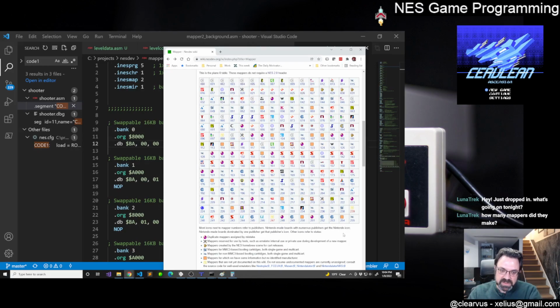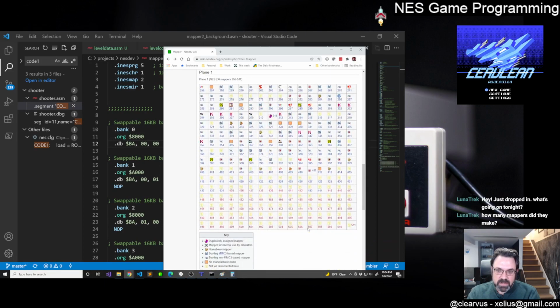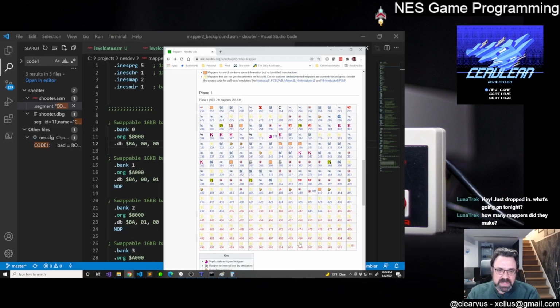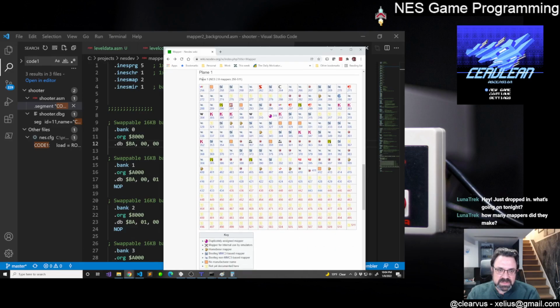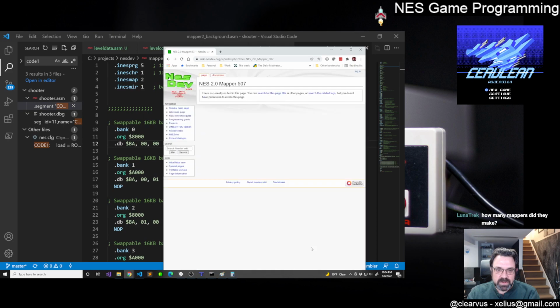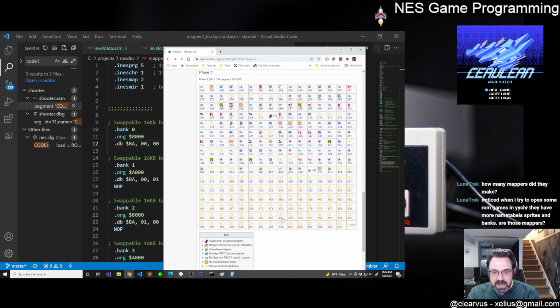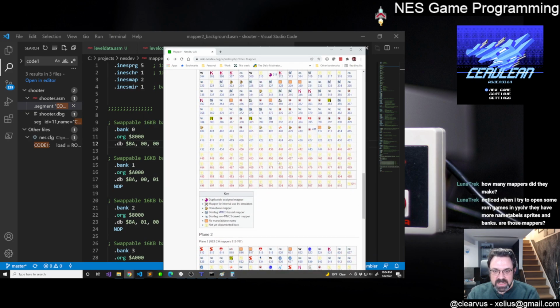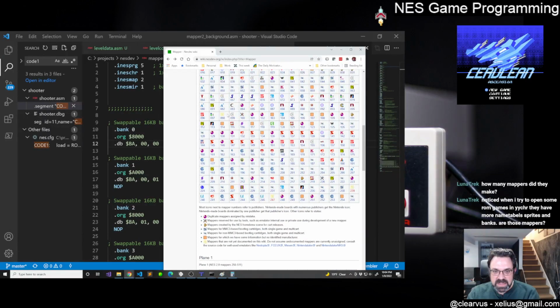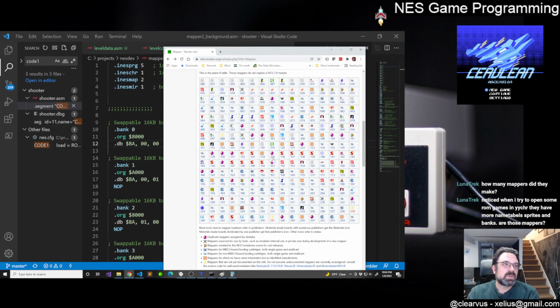I just wanted to double check that that was an accurate answer. So there are 256 different mappers listed here, but with the NES 2.0 header, it looks like there's another 256 mappers available. Some of these are not used yet, but most of these are actually used.